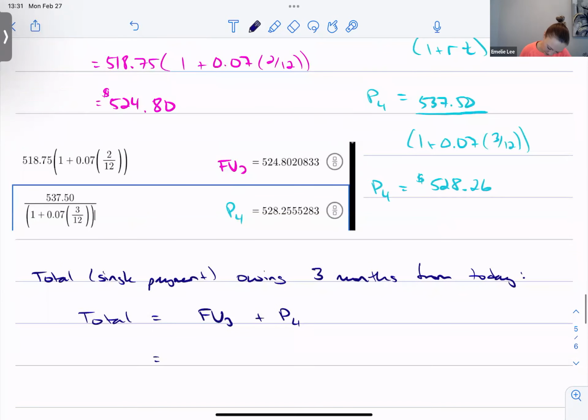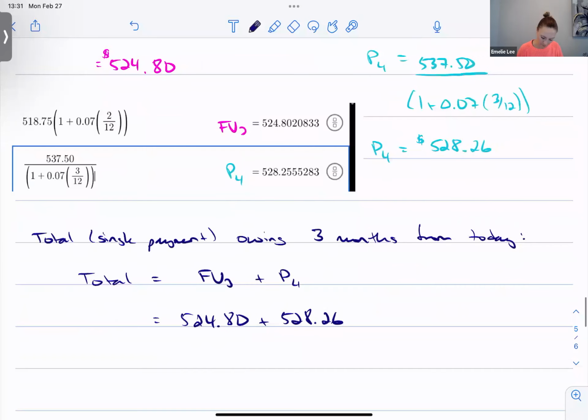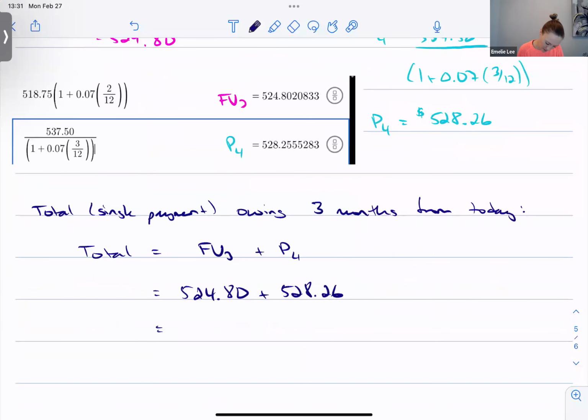And once I've rounded, no typos now, 524.80 plus 528.26. See if I have this anywhere. I do. Is 1,053.06. Nice. That's a big one. Okay.